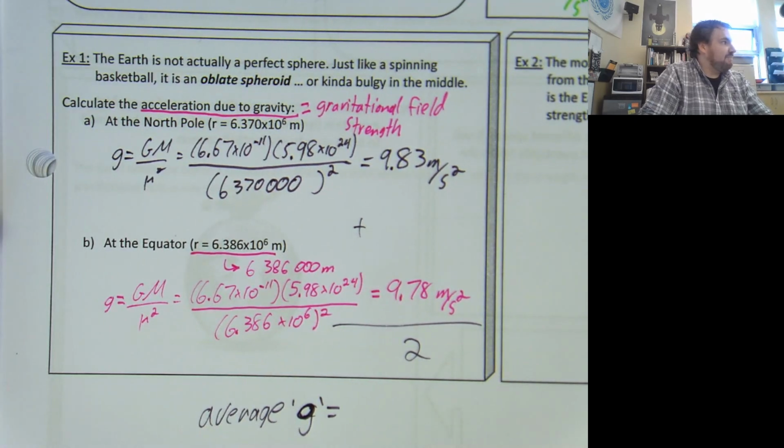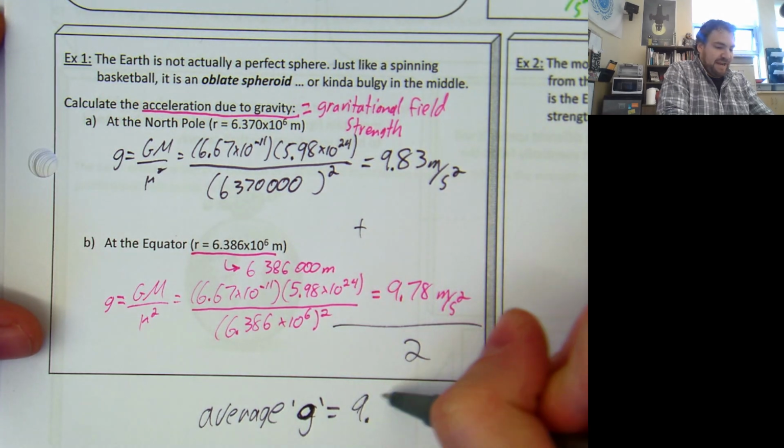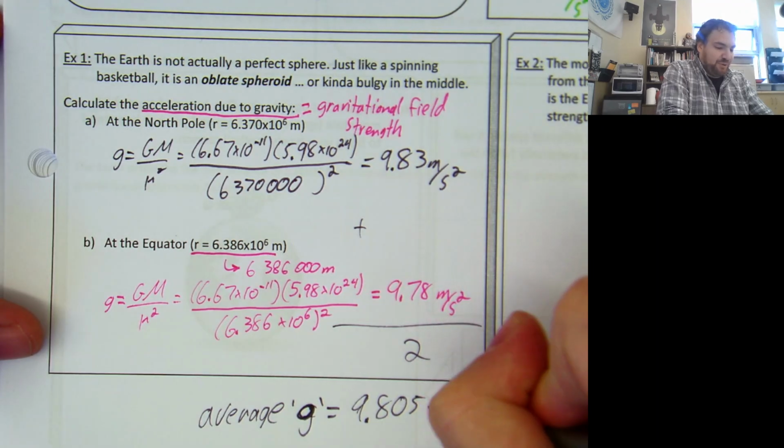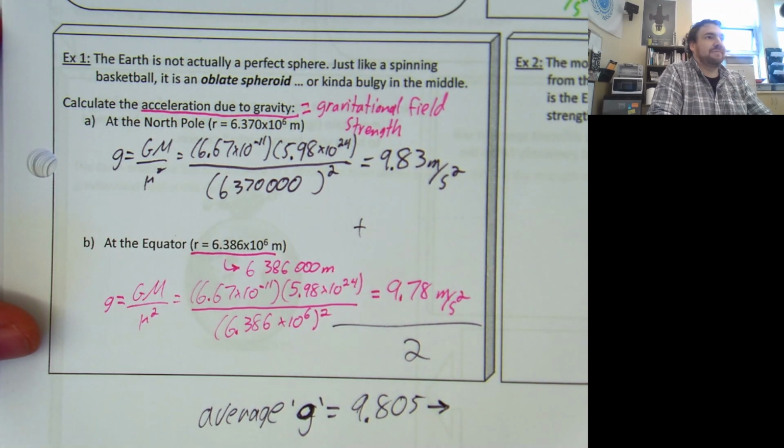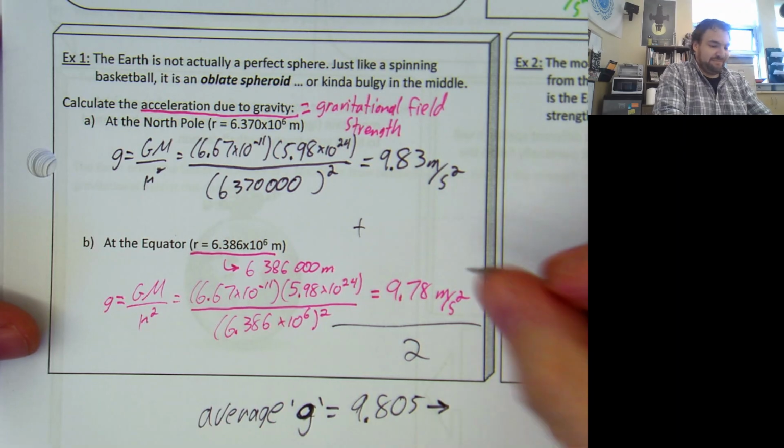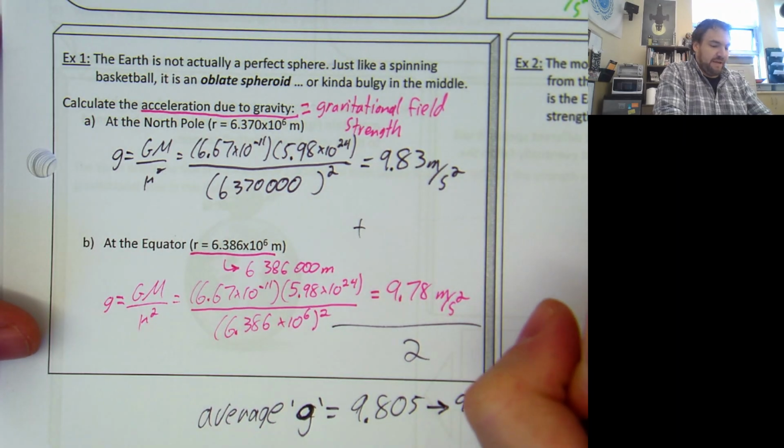Is it exactly 9.8? 9.805, which rounds to what value? 9.81 meters per second squared.